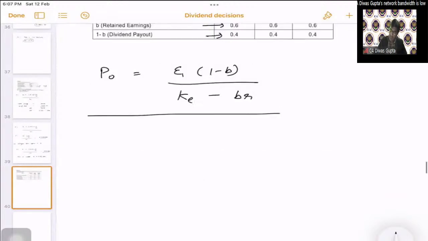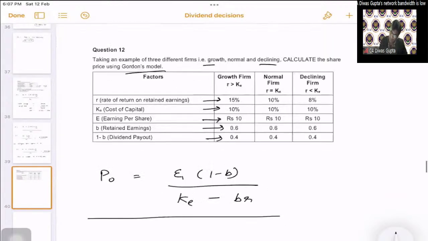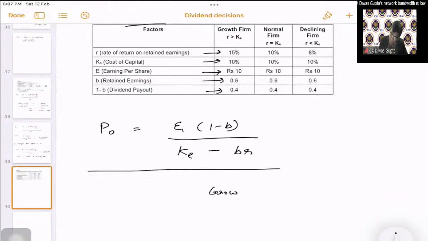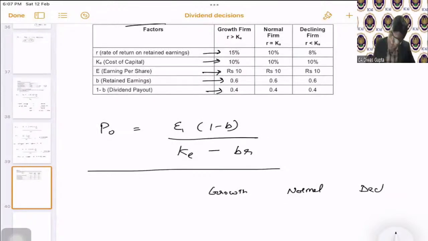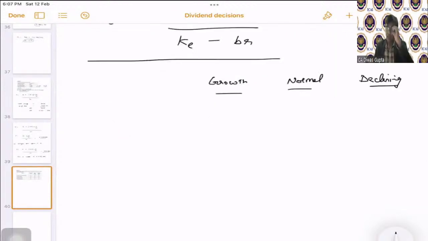So let's calculate for growth, normal, and the last one is declining. Now let us put in the formula.